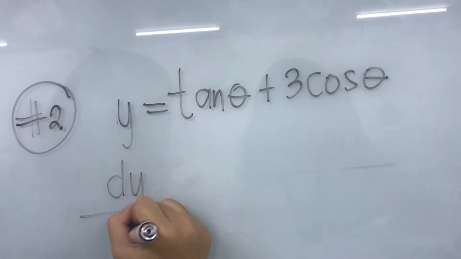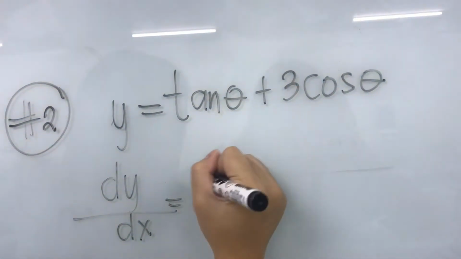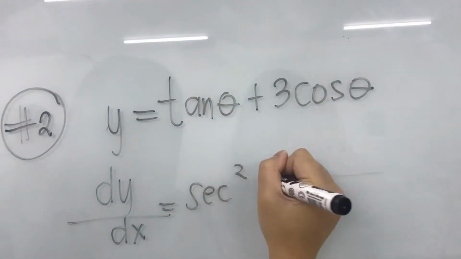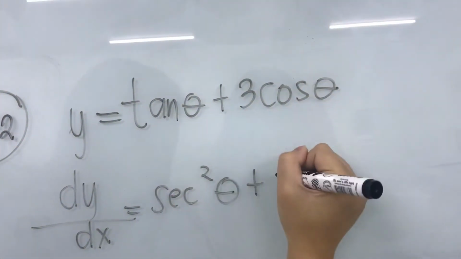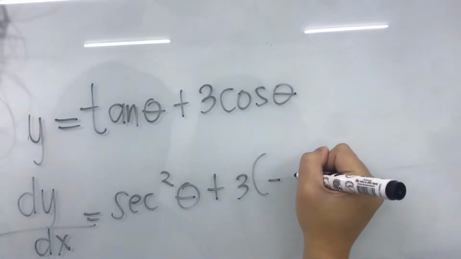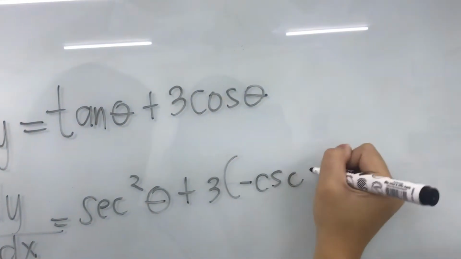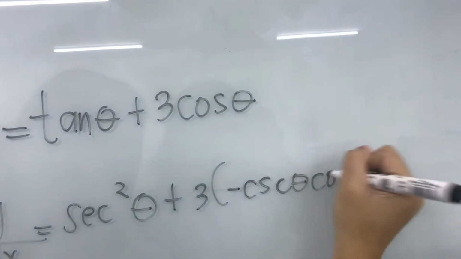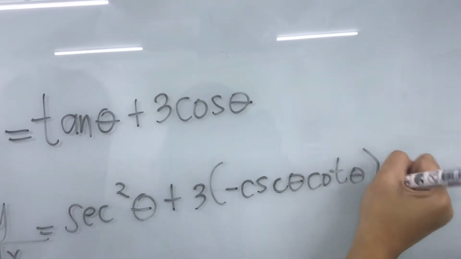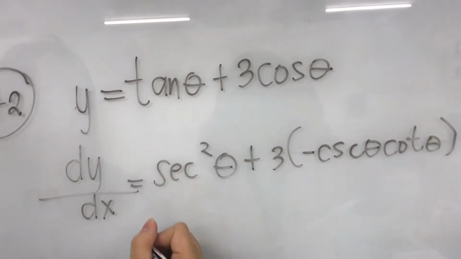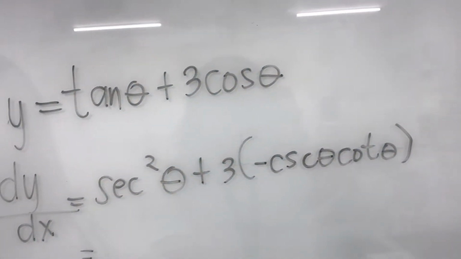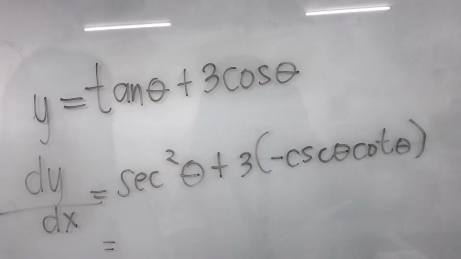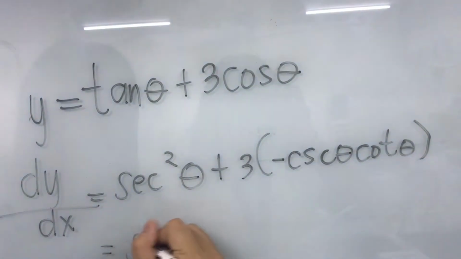dy over dx is equal to secant squared theta plus 3 multiplied by the quantity of negative cosecant theta cotangent theta. Since 3 is positive and cosecant theta cotangent theta is negative, we simply multiply the signs.